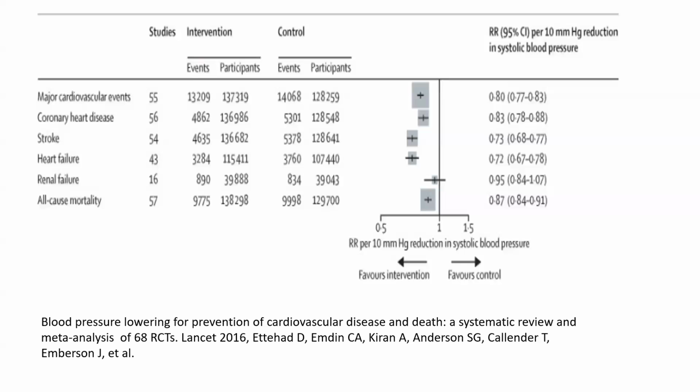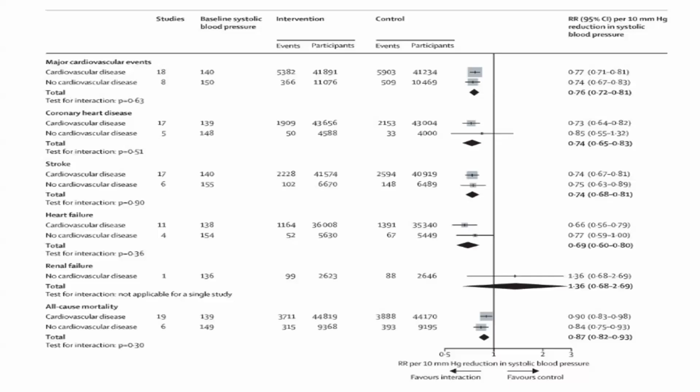So this is a systematic review and meta-analysis of 69 randomized control trials. In these trials, we can see that with a 10 millimeter reduction in systolic blood pressure, there would be a significant 20% reduction of major cardiovascular events, coronary heart disease, stroke, heart failure, and all-cause mortality.